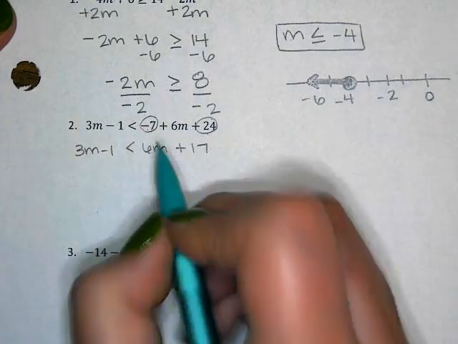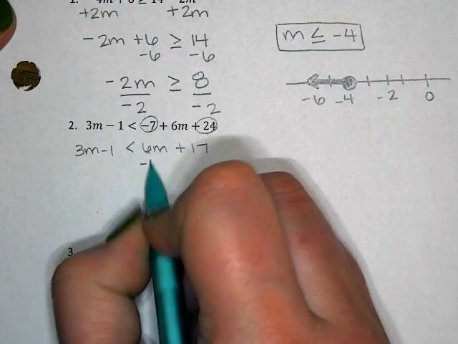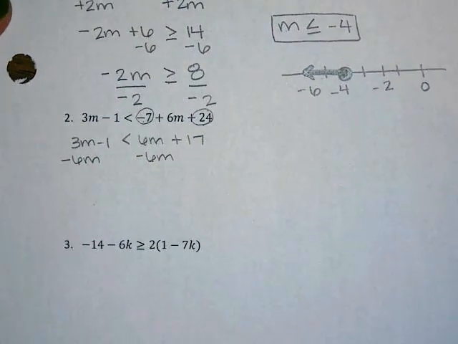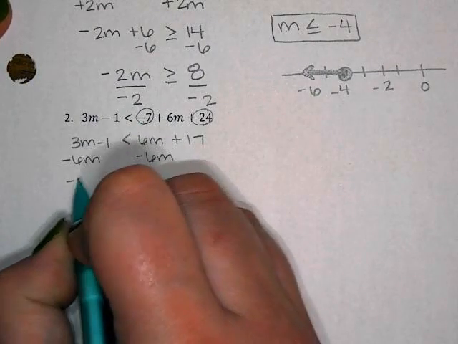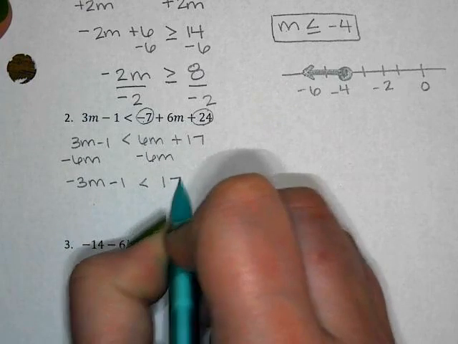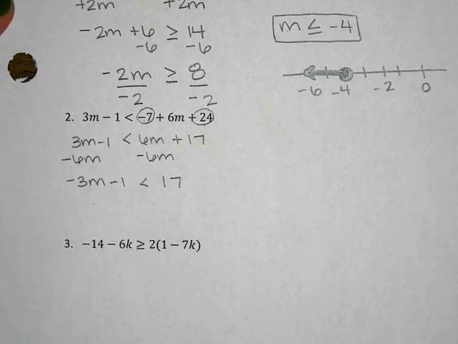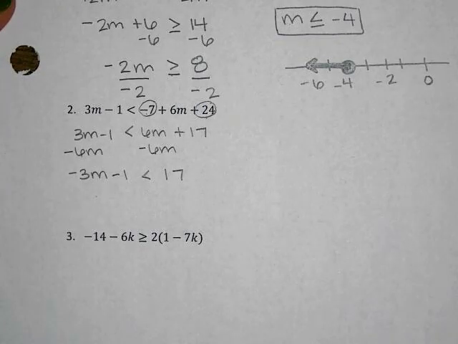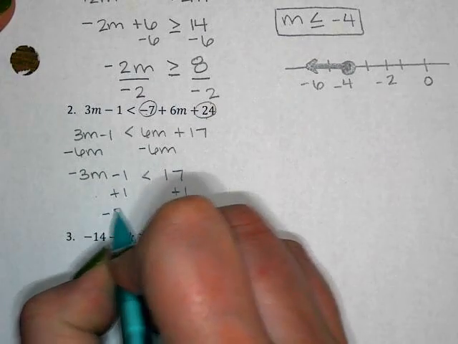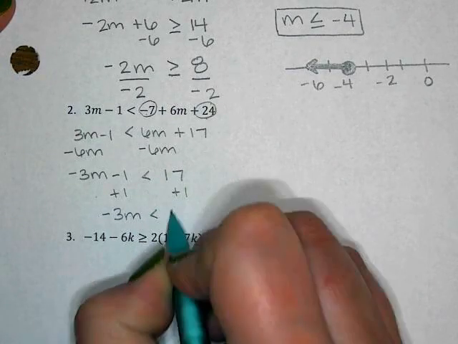And then we can subtract that 6m. So negative 3m minus 1. And then add the 1. So negative 3m is less than 18.